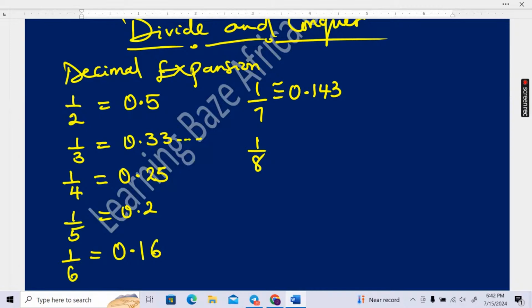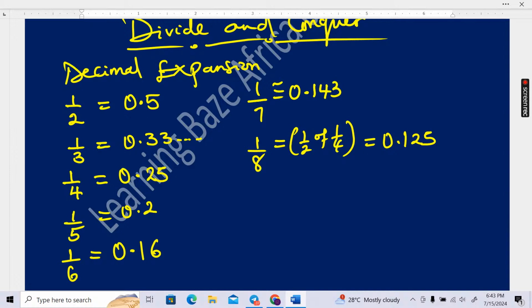Anytime you see 1/8, now 1/8 is the half of 1/4. Okay? 1/8 is the half of 1/4. So 1/8 will be 0.125. I hope you got that.